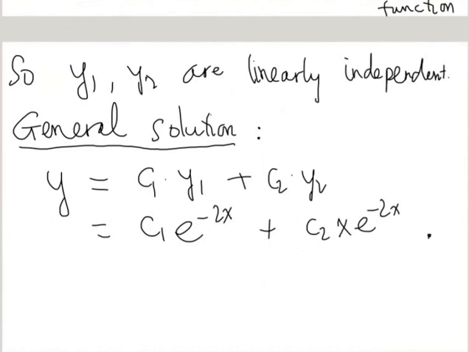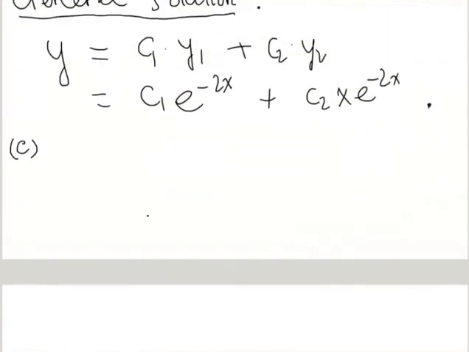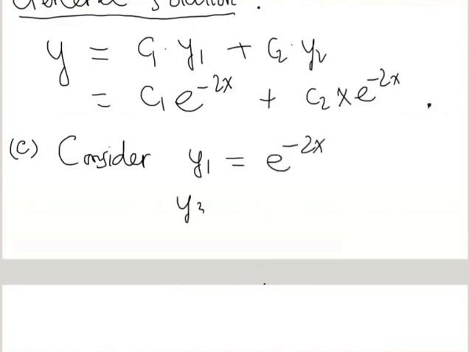Okay. Now to continue with this example, let's look at another pair of solutions. So consider again y1 as before, but say y3 is minus 4 e to the minus 2x.